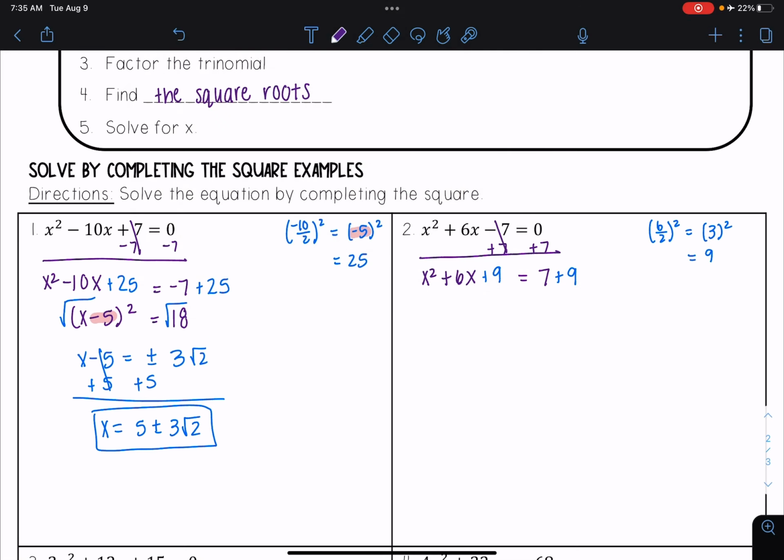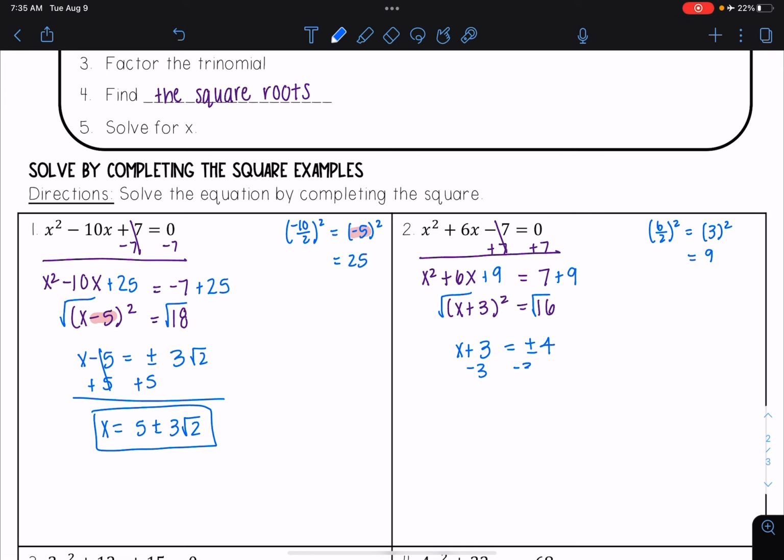So now I have a perfect square trinomial on the left-hand side, and when I factor that, I get x plus 3 squared is equal to 7 plus 9, which is 16. And now taking the square root of both sides, I get x plus 3 is equal to the square root of 16, which is plus or minus 4.